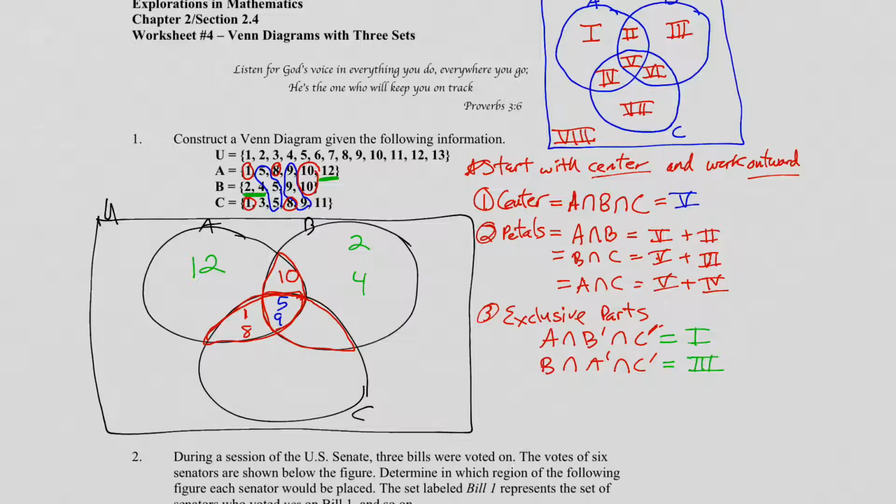Then we have the next one, which is only in C and not in A or B. If you look down at C, the exclusive region is 7. All we're going to do is go to our list and say, hey, there's the 11 and a 3 that no one else circled, so that means it's exclusive to C.